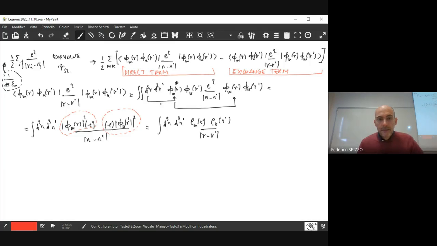In this case, if you notice, the scalar product is evaluated between the wave functions that correspond to the same coordinate, spatial coordinate, and also spin coordinate. So in this case, we have r here and r here.